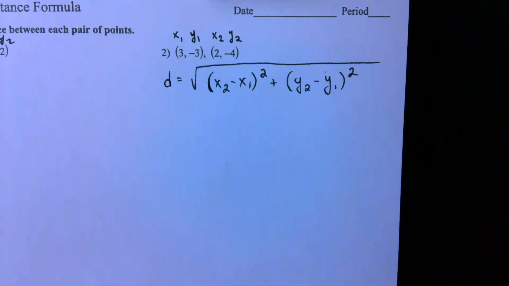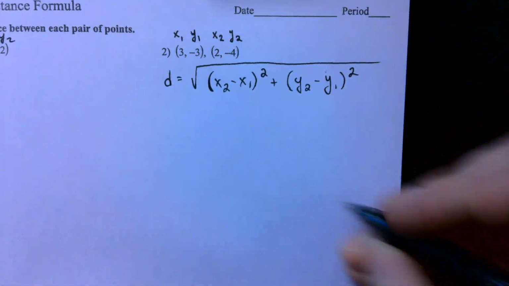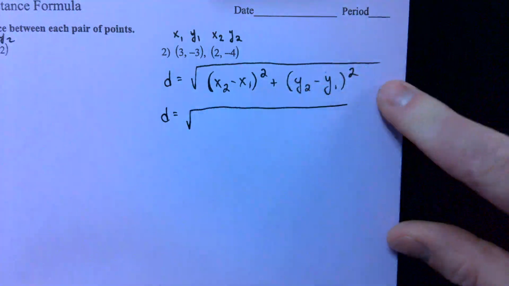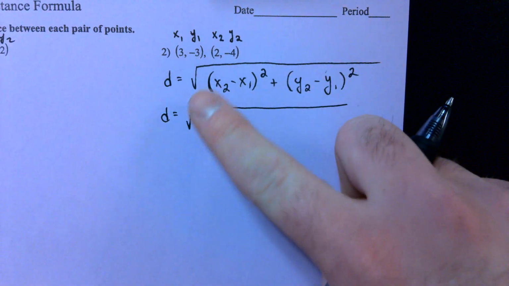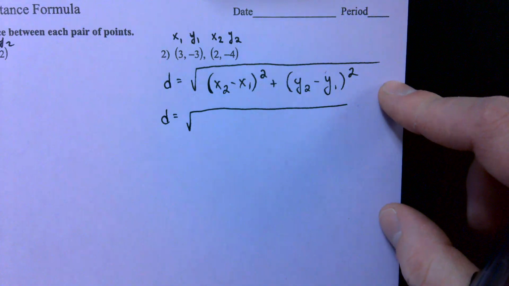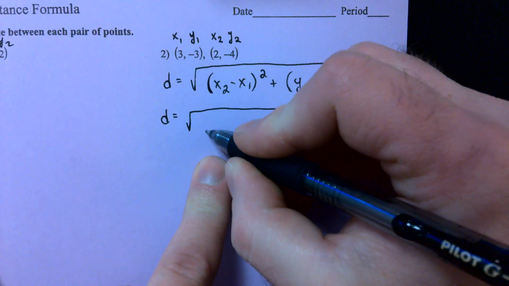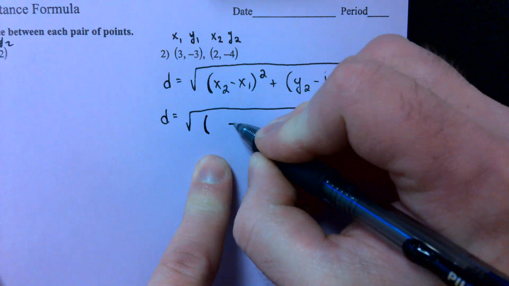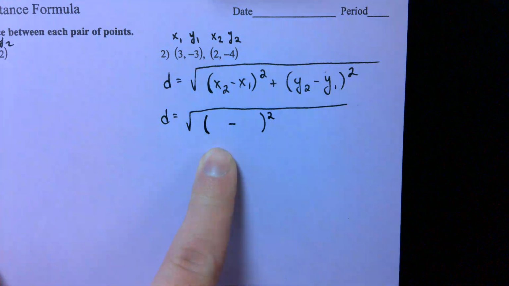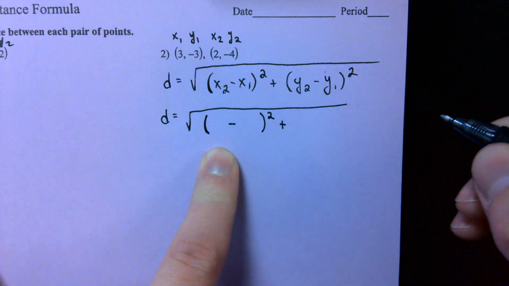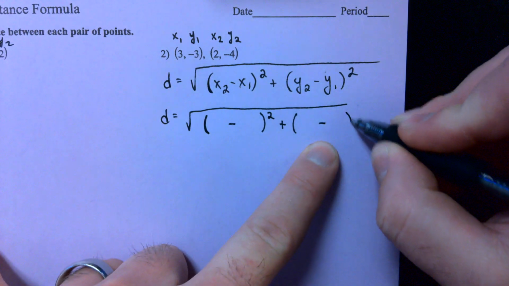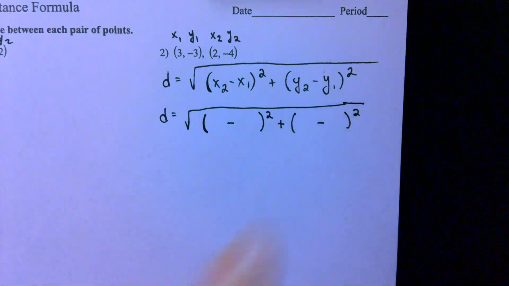Okay, this is important. I want everyone to do exactly what I'm doing. When we're setting this up, again, you don't have to write this formula every time. I'm going to rewrite this whole thing exactly how I see it, just with no variables. So parenthesis, space, minus, space, parenthesis, squared, plus, parenthesis, space, minus, space, parenthesis, squared.